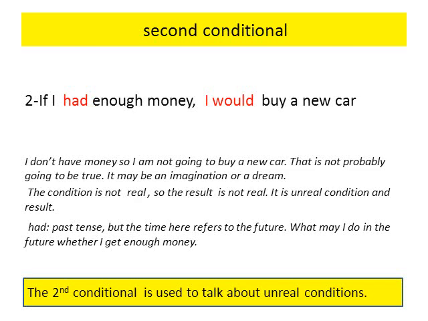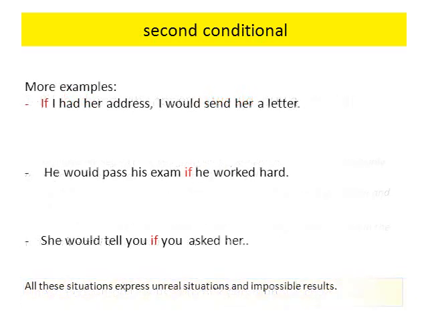The second conditional is used to talk about unreal conditions. More examples. If I had her address, I would send her a letter. I don't have her address now, so I'm not going to send her a letter. He would pass his exam if he worked hard.